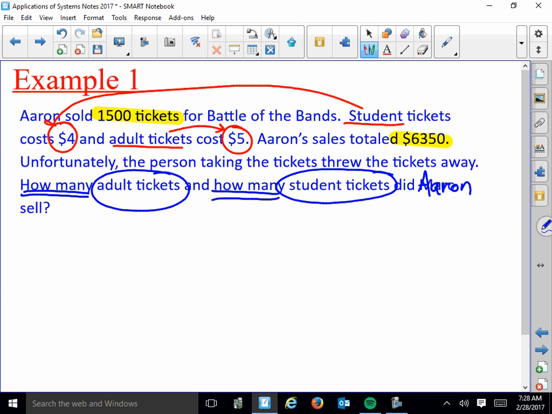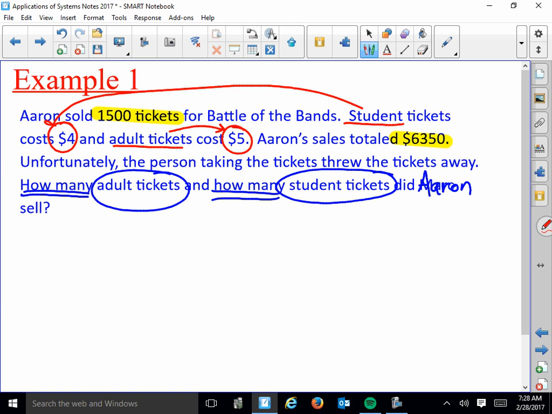Did Aaron sell? Okay. Well, as I'm reading this, one thing I noticed is that part of the information has to do with the cost of the tickets, and the other information just has to do with the total number of tickets. So I'm going to go ahead and define variables.